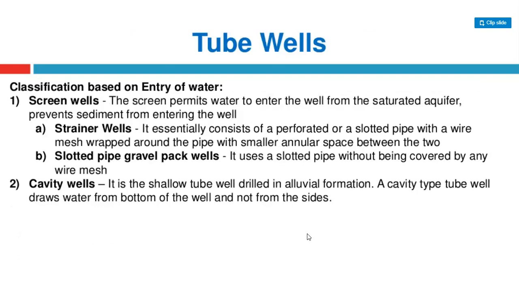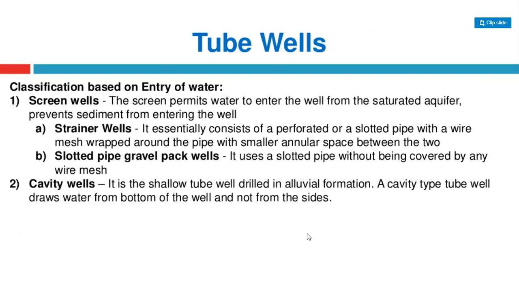Tube wells. Guys, classification based on entry of water: screen wells. The screen permits water to enter the well from the saturated aquifer and prevents sediment from entering the well. And the strainer wells. It essentially consists of a perforated or slotted pipe with a wire mesh wrapped around the pipe with a small annular space between the two.